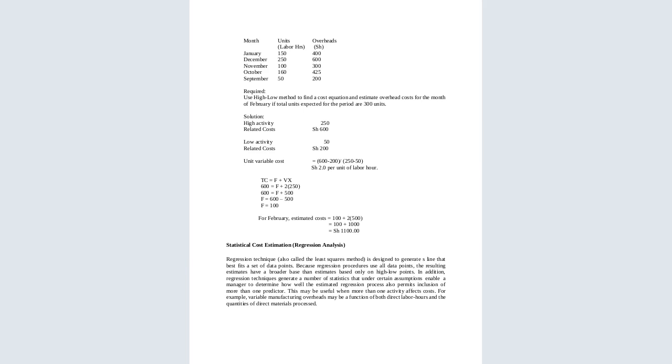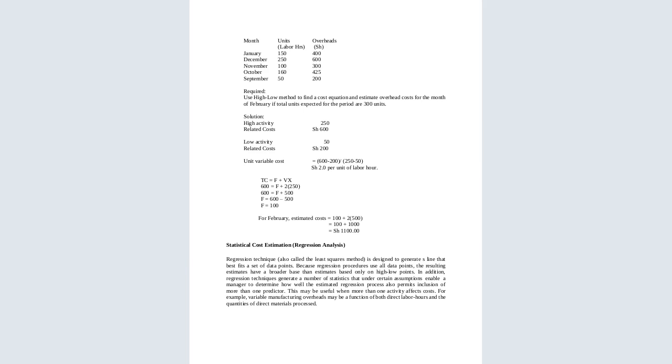So we take our total cost of 600 from the data, equal to fixed cost plus, remember our formula is TC = F + Vx. Our V is the unit variable cost, which is 2 shillings, into brackets the number of units at 600, which is 250. So our F is 100 shillings.